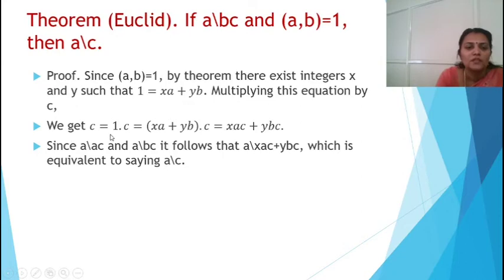We get c equal to 1 into c, which is equal to xac plus ybc. Since a divides ac and a divides bc, it follows that a divides xac plus ybc, which is equivalent to saying a divides c.